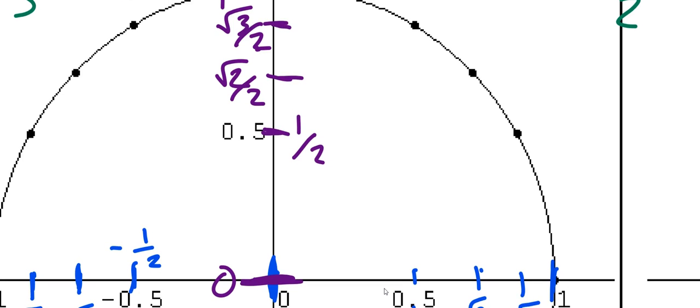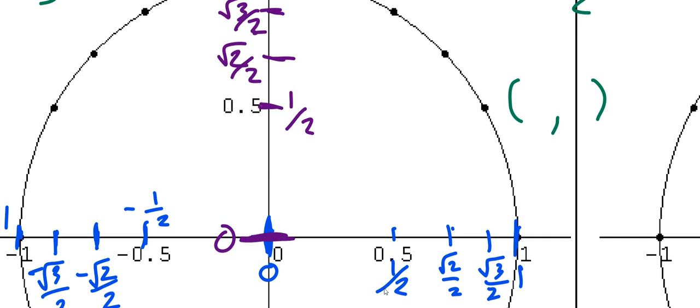Okay, what coordinate is sitting right here at the edge of the circle? What coordinate is sitting right there at pi over 6 radians? Radical 3 over 2, 1/2.